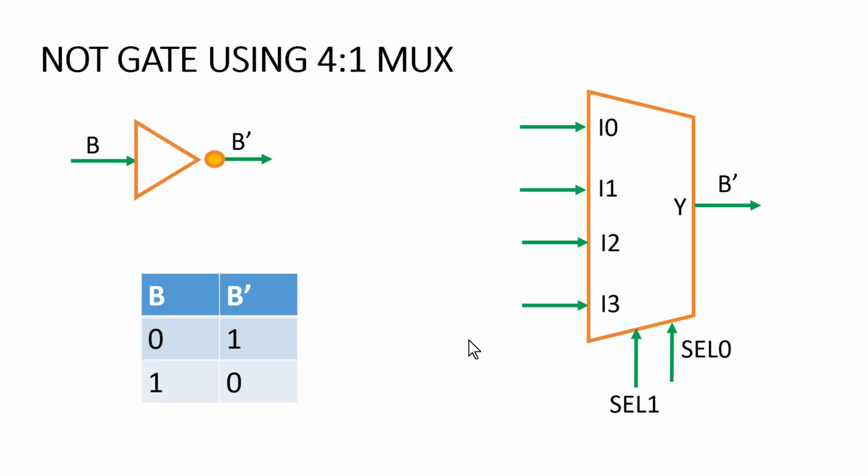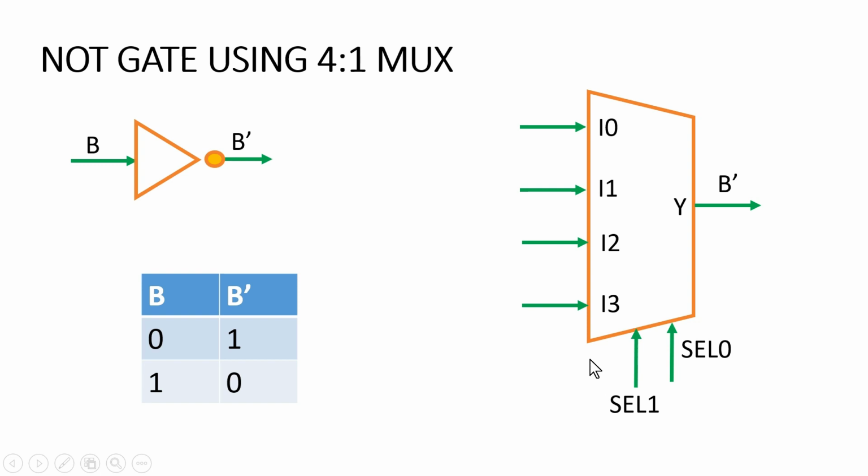Let us see. Friends, let us try to see how to implement a NOT gate with the help of a 4:1 multiplexer. I know you would be thinking that it is very simple logic, but I have chosen it knowingly because there is a trick. As per the assumption, we need to see how many select lines a multiplexer has. That many inputs we need to apply to those select lines.